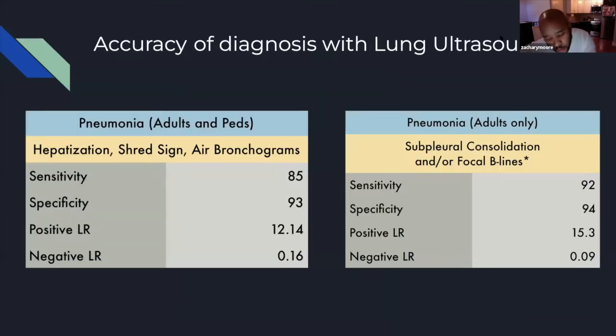Okay, so moving forward, those were the ultrasound findings for pneumonia. Doing some review of some papers. Guidelines don't really suggest that ultrasound is an alternative to chest X-ray or CT for diagnosis of pneumonia as of right now.